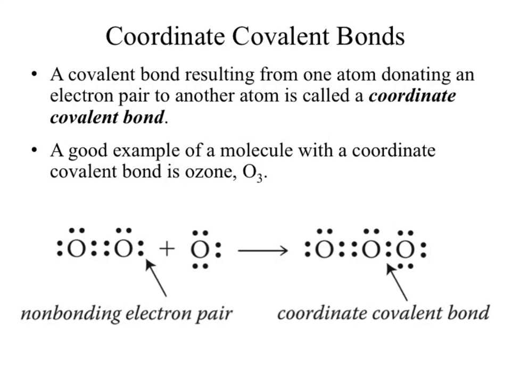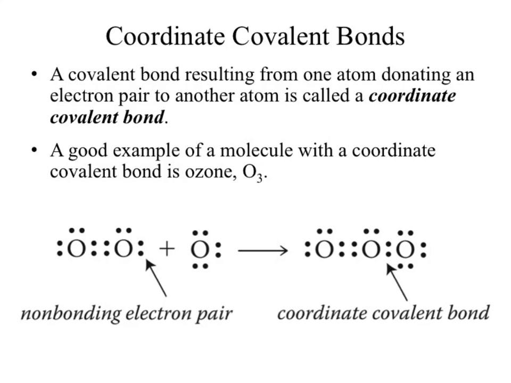All that's happening is that we're saying one compound or molecule or atom is supplying the electrons to a bond, both electrons. It's a really minor concept. Don't stress too much on it. All we're looking at is that O2 in this case is providing the pair of electrons that allows for the bond to make ozone, O3. Okay, that's really it.